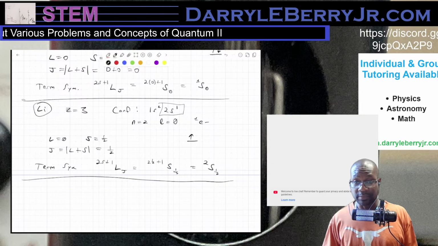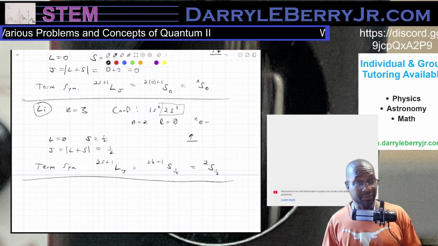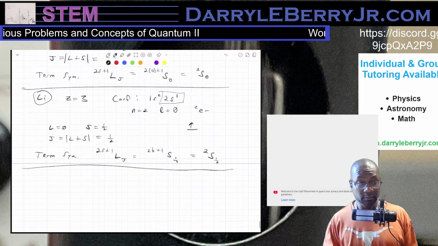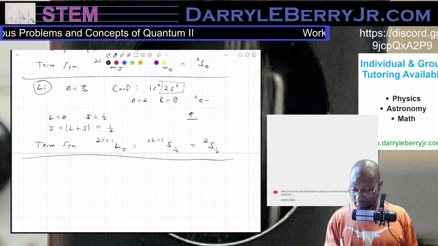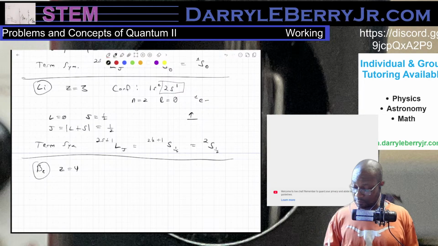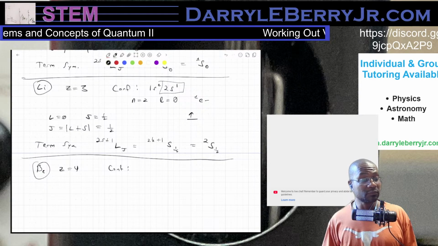The next element, and I plan on going to oxygen, is beryllium. Z equals 4. Configuration. What if the periodic table gives the configuration?